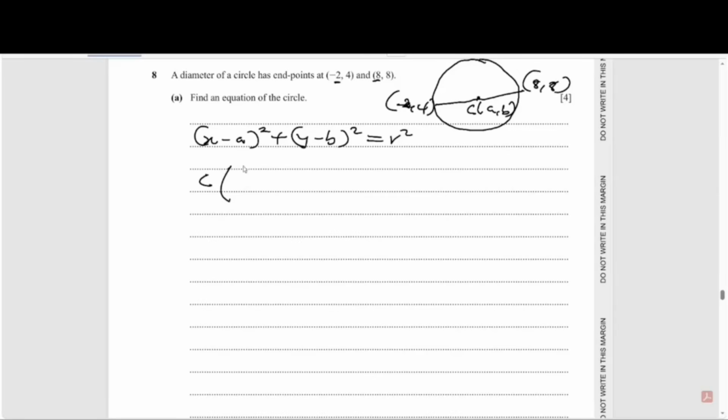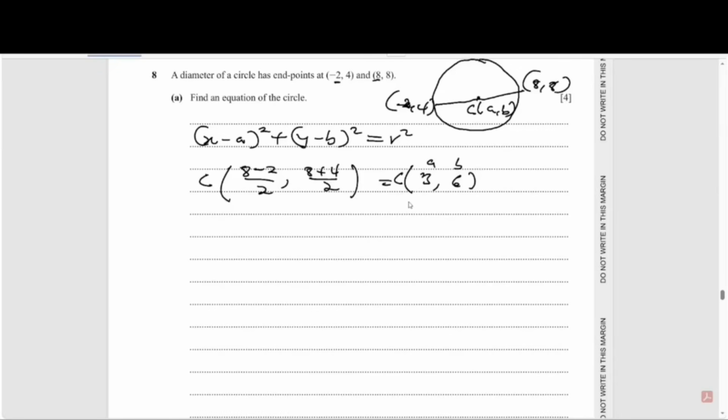So 8 plus negative 2, so that's 8 minus 2, then over 2. And the other one, 8 plus 4 over 2. That gives us 6 over 2, that is 3, and then 12 over 2, that is 6. So that's the coordinate of the center, where 3 represents a and 6 represents b.